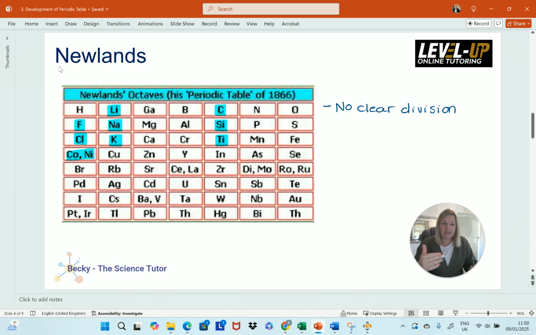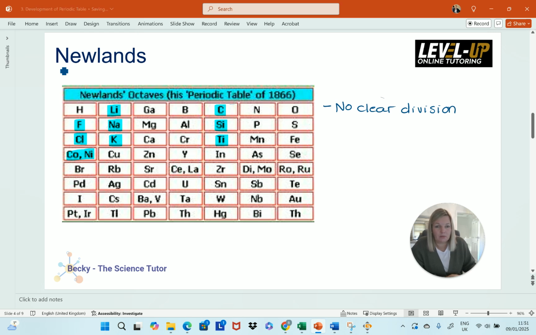So looking at this table, it had no clear division, he was a relatively new scientist, he'd got many elements with dissimilar properties in the same group, like our lithium, sodium, potassium that are really reactive, and then we've got our copper that's less reactive. We've got the metals and non-metals all jumbled in together, and in some boxes he got two elements in one place.